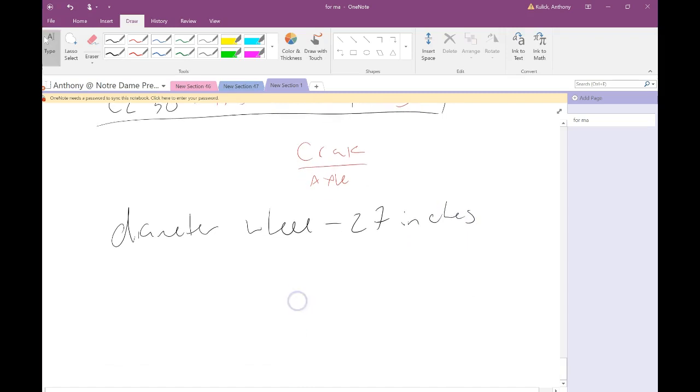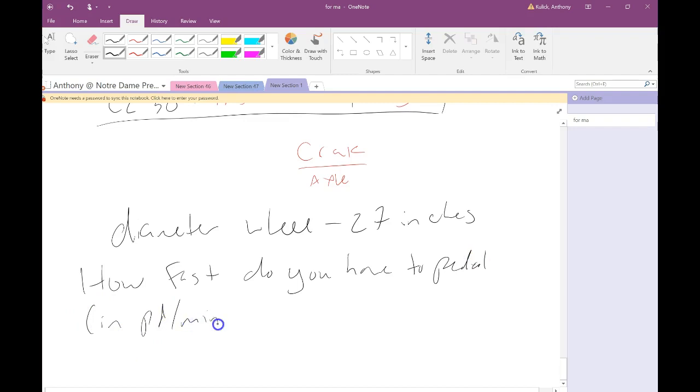So the other major calculation you did was how fast, in pedal revs per minute, do you have to pedal to go, say, I don't know, like 40 miles per hour.